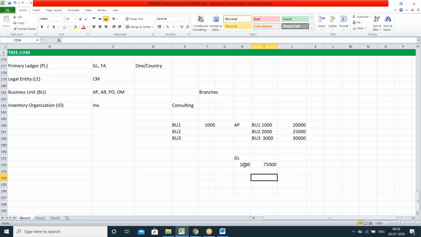You cannot see the BU name in the GL, only company codes. That is the reason for every business unit you have to use a separate code. In GL, if you see 1,000, you can understand which business unit it belongs to. If you see 2,000, you can understand it is related to BU2. 3,000 means BU3. That is the reason for each BU you have to use a separate code.